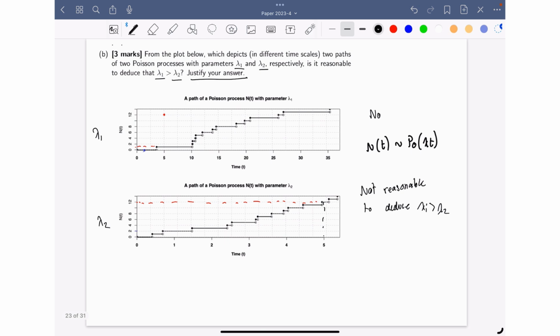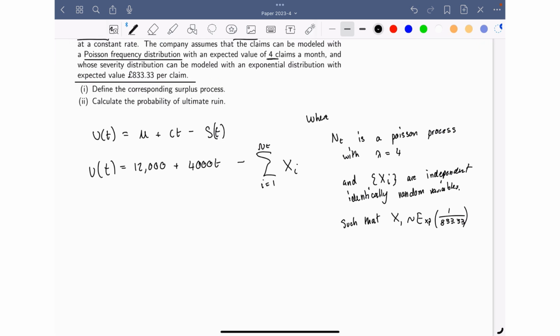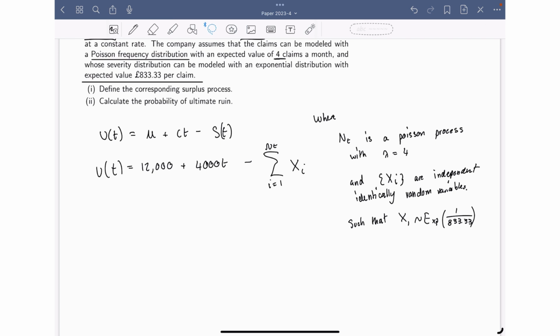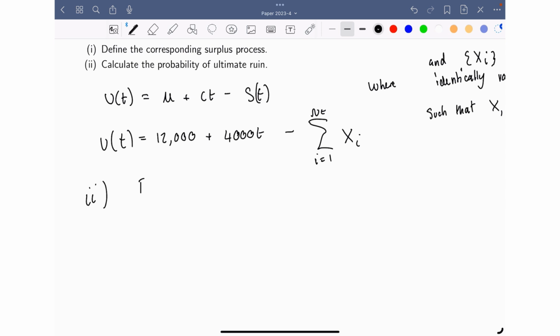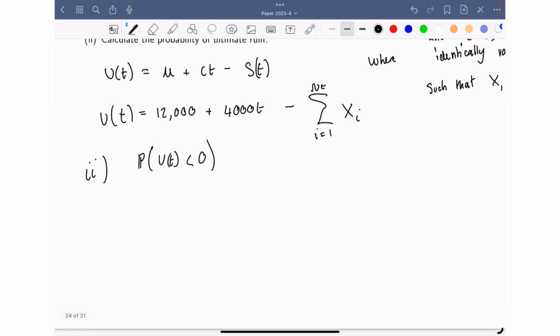Okay, so we have this, and now we want to calculate the probability of our ultimate ruin, which is essentially the probability that our U(t) is less than 0, and we're going to use the adjustment coefficient, and we're going to use Lundberg's theorem.